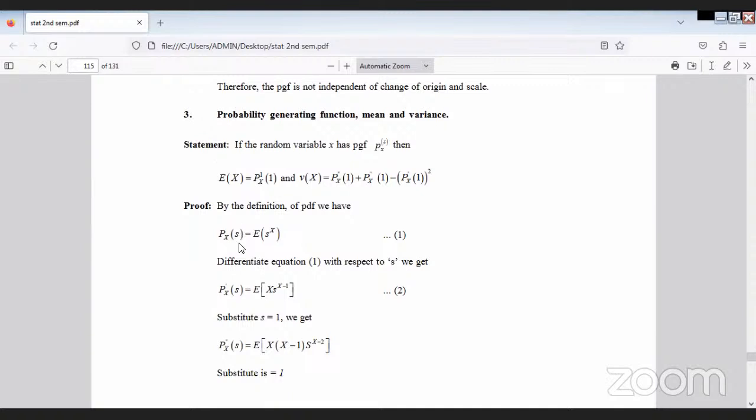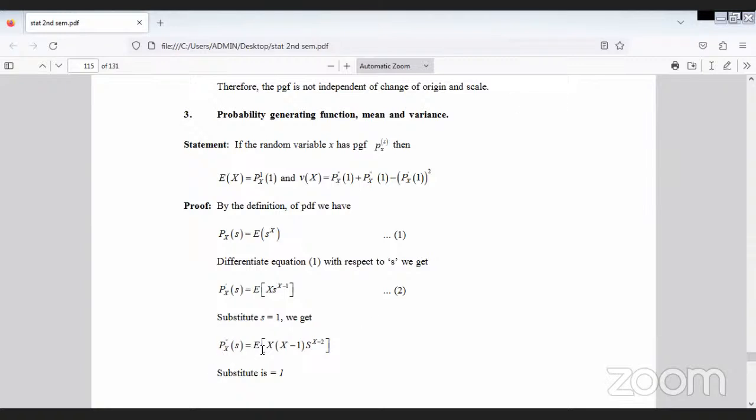P_X(s) = E(s^X). Differentiating the equation with respect to s, we get P'_X(s), the first differentiation, which is E(X s^(X-1)). Substitute s = 1 here.